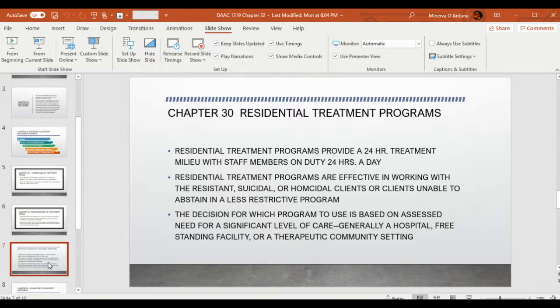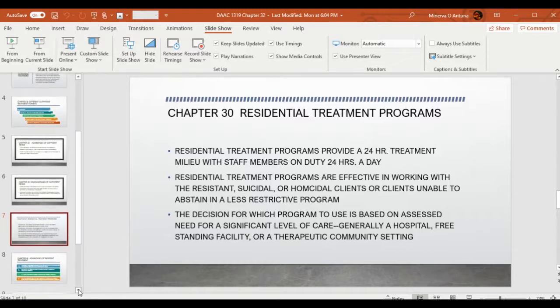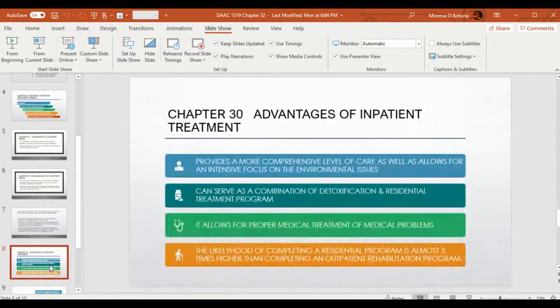The decision for which program to use is based on assessed need for a significant level of care. Generally, a hospital, freestanding facility, or therapeutic community setting can be considered in this category.